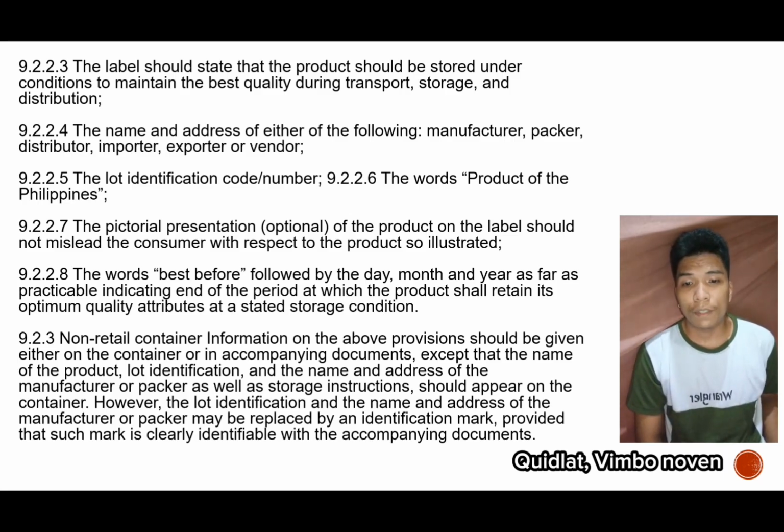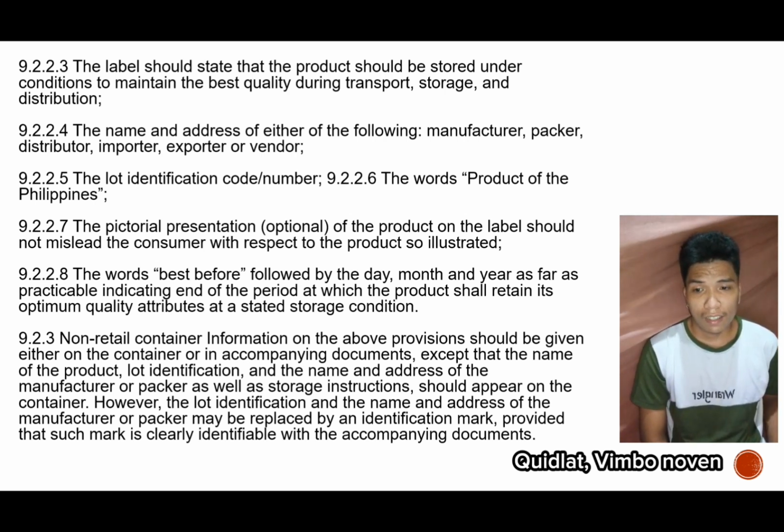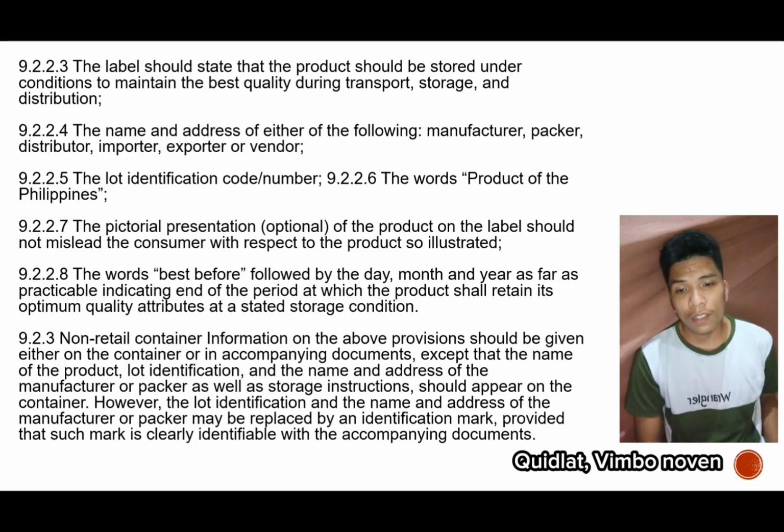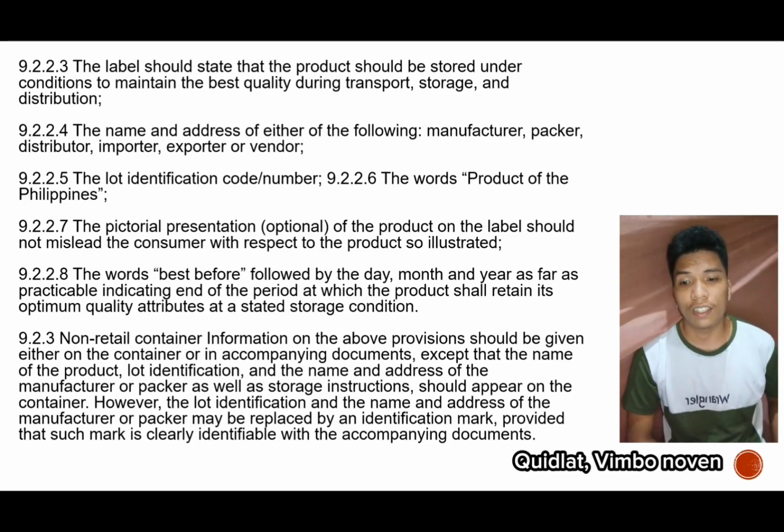The pictorial presentation of the product on the label should not mislead the consumer with respect to the product so illustrated. The words Best Before followed by the day, month, year as far as practicable, indicating the end of the period at which the product shall retain optimum quality attributes as stated in the storage conditions.